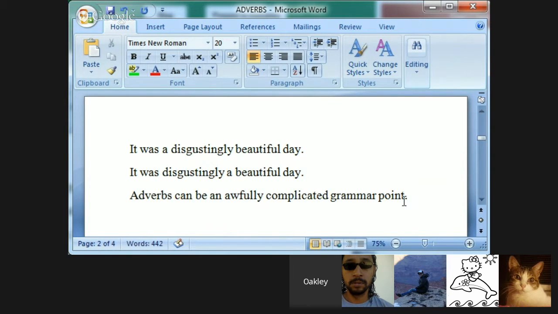Okay, there we go. All right, very good. And here it is: awfully complicated grammar point. Notice the determiner here in front of the adverb-adjective combination. Very good, that's perfect.